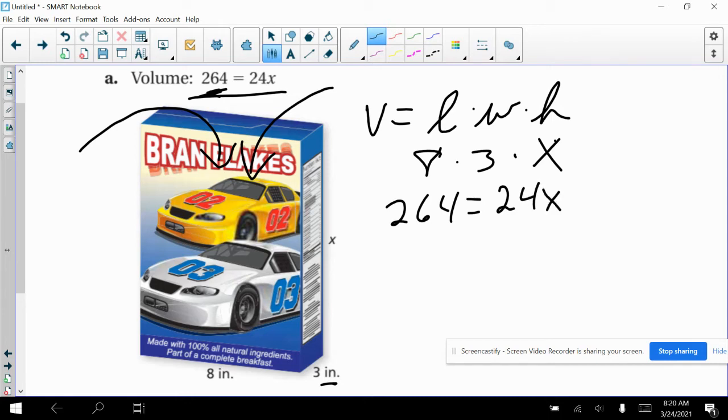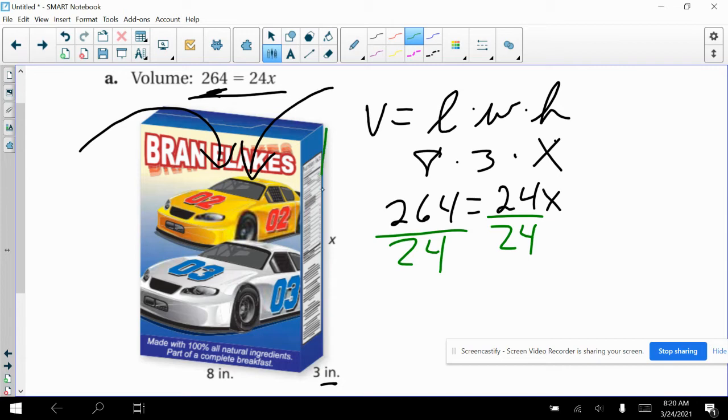We've been doing that. What kind of an equation do we have? Multiplication. So we're going to divide by 24. There's nothing on here that's new other than the picture, and it's three-dimensional. So instead of being a two-dimensional figure, it's a three-dimensional figure, and we're finding out what it is.